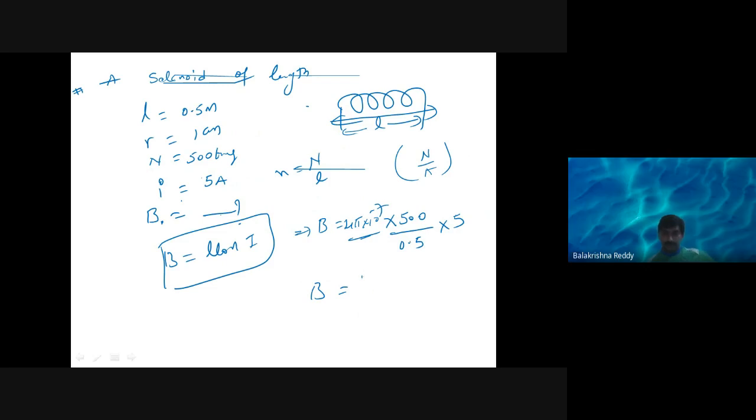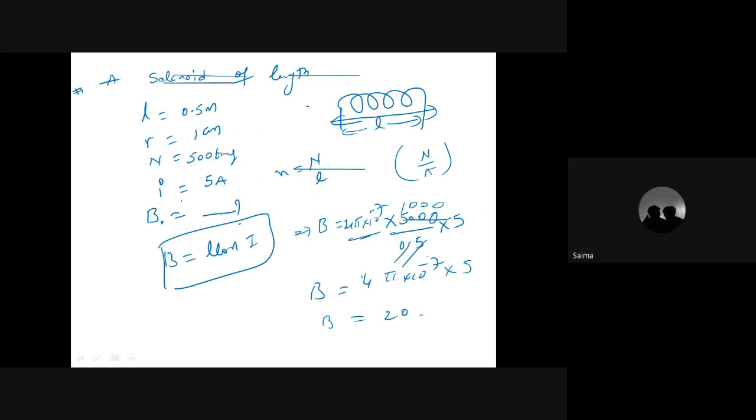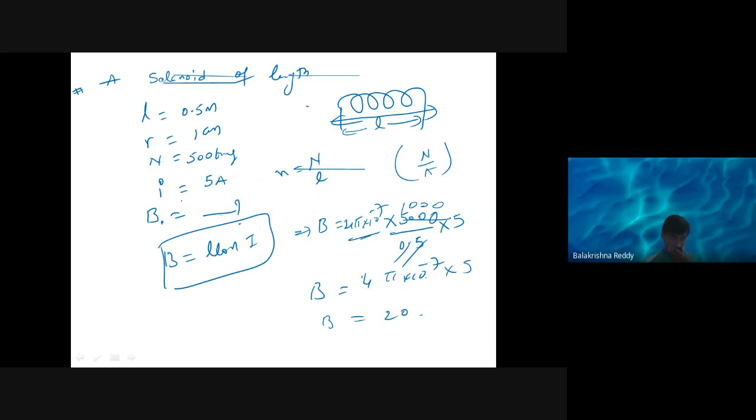If you remove the decimal point, here you will get 5,000, 1000. So we are having 4 pi into 10 to the power of minus 7 into 5, into 1000, and over minus 7 is there, no?